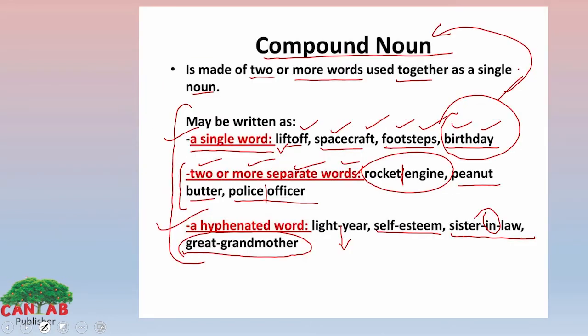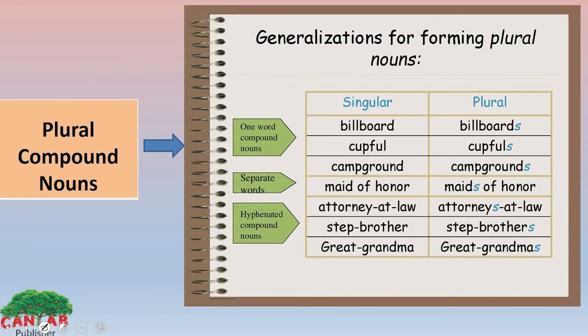Look at some general examples of forming plural compound nouns. Billboard, billboards. Cupful, cupfuls. Campground, campgrounds. Maid of honor, maids of honor. Here we have a noun plus preposition plus noun structure, so add s only to the first noun, maids.